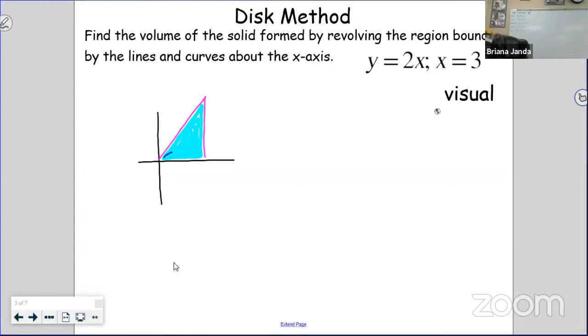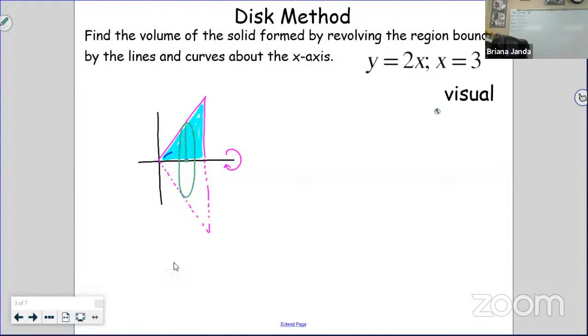If we are going around our x-axis, that is going to tell me that I'm going to be stacking the disks up along my x-axis. So we want things to say y equals in terms of x. Then I'll reflect it over the line that we are revolving around to get a visual of that whole thing and help me see where the disks are as I draw a circle around my axis of revolution, connecting top function down to bottom function.